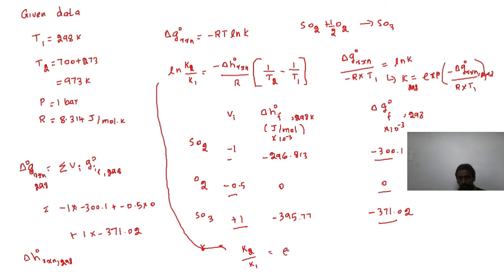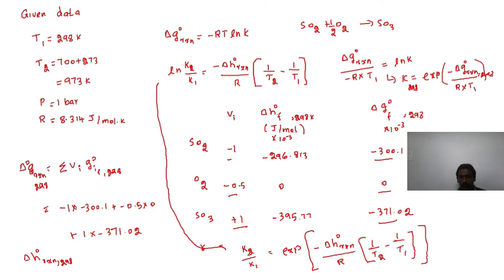equals the exponential of minus delta H naught of reaction divided by R, open a bracket, 1 by T2 minus 1 by T1.